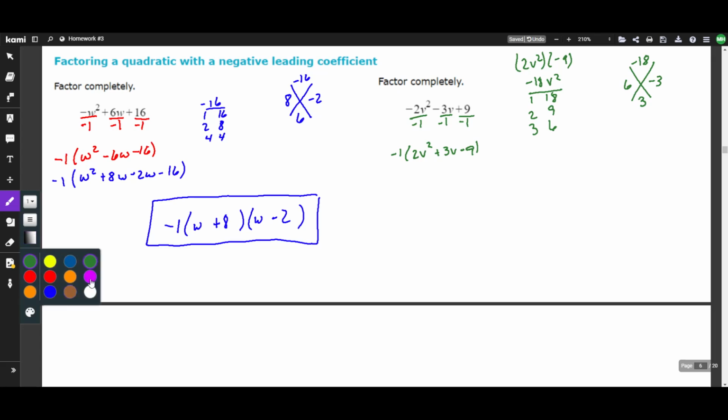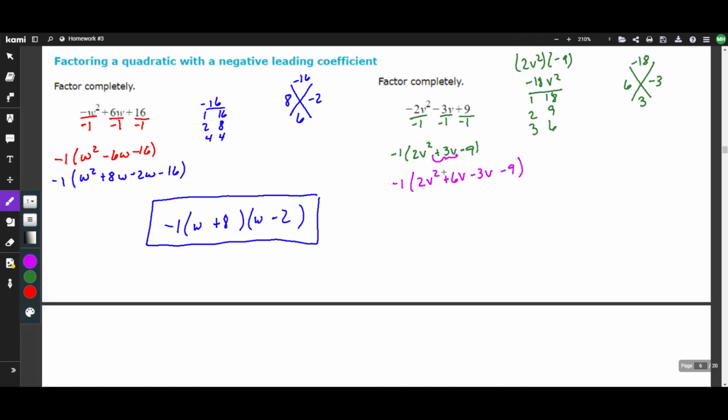This one's not a nice quadratic, so my lead coefficient is not 1, so that means I'm going to rewrite it. So I've got my -1 hanging out, 2V squared plus 6V. I'm going to replace this 3V with the 6V and minus 3V, and then minus 9.